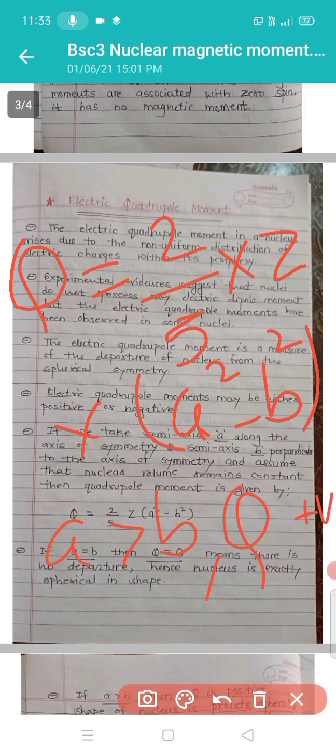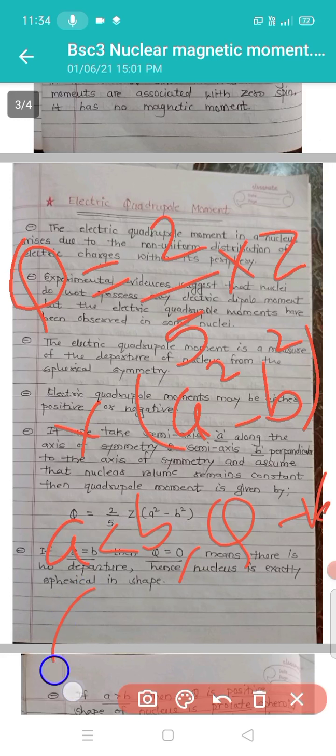Hence the shape of the nucleus is prolate spheroid. The next condition is A is less than B. Then Q is negative and the nucleus is oblate spheroid.